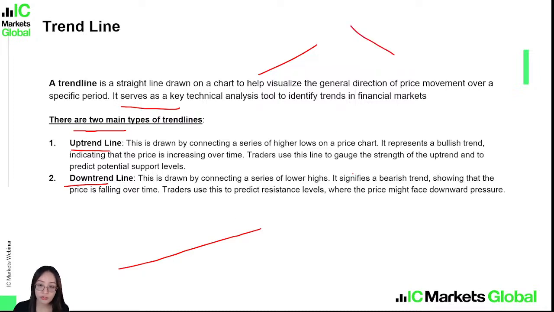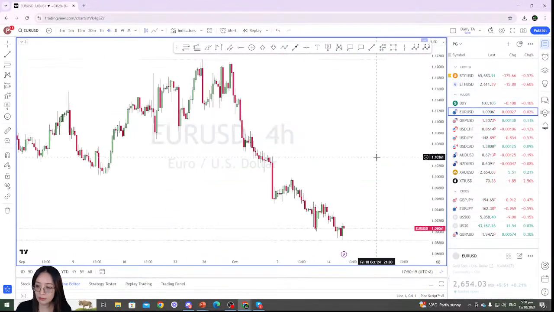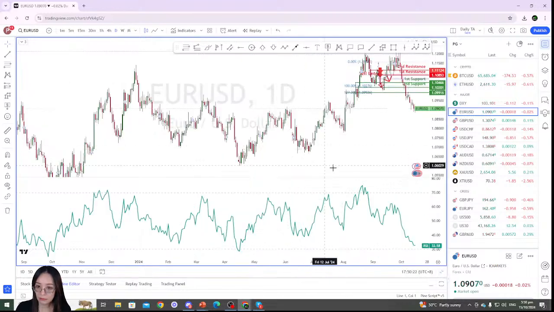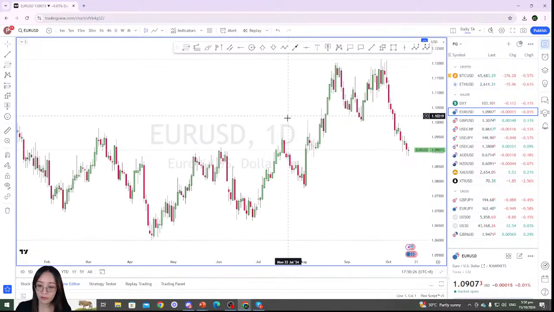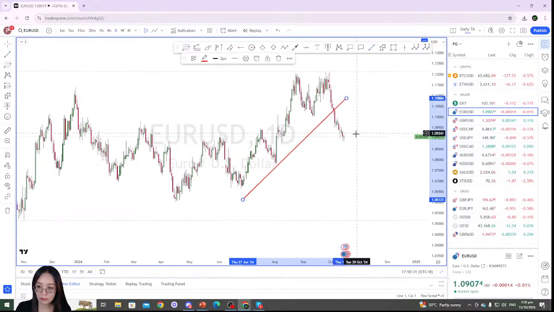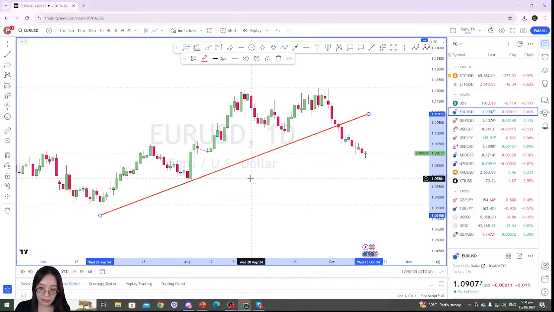Okay, how are you going to draw the trend line? As I just mentioned, there will be two trend lines, uptrend and downtrend, and that is what I consider the valid trend line.